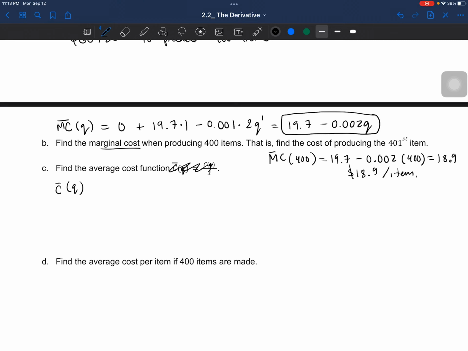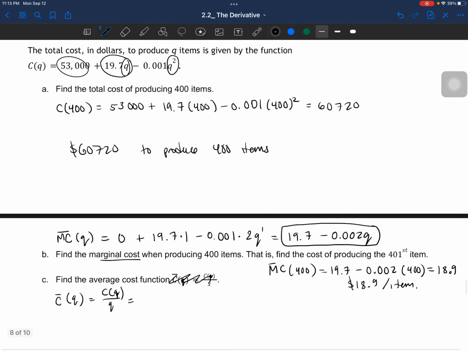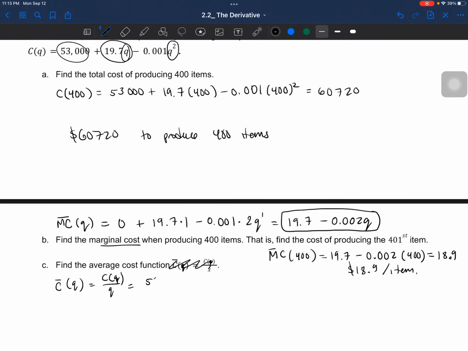The average cost function is C bar of Q, which is C of Q over Q. So we take the cost function, which is 53,000 plus 19.7 Q minus 0.001 Q squared, all over Q.